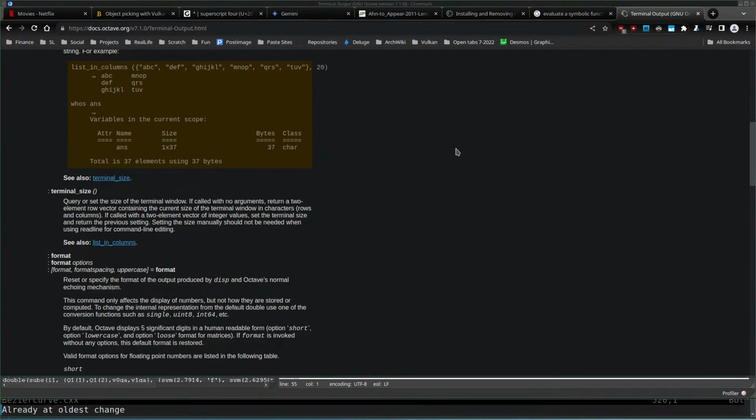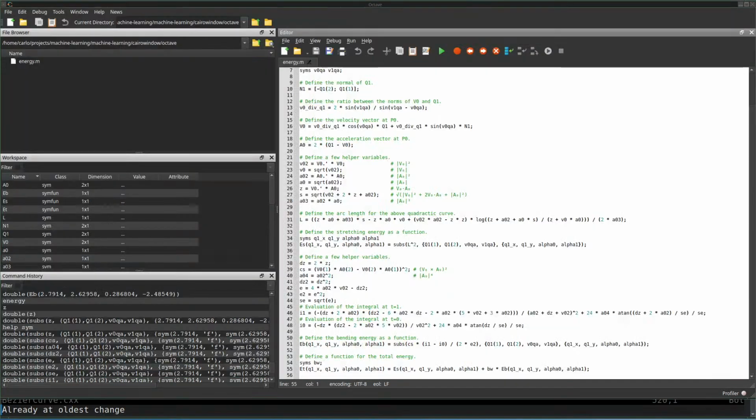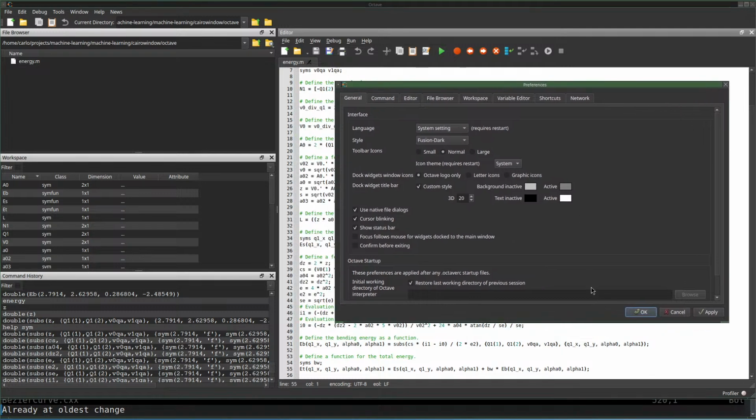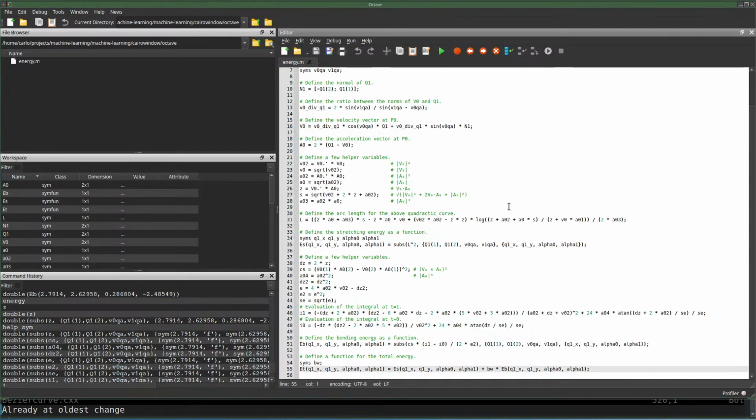Where is it? I still have this window, but I don't have the rest. Oh, and suddenly I have it. Command window.